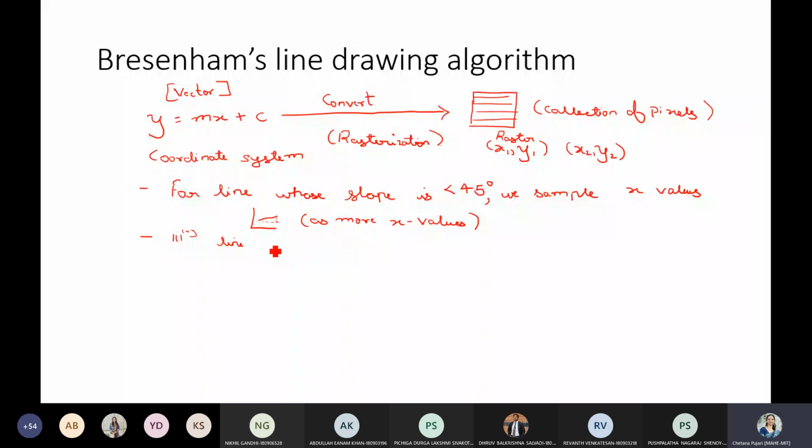When it is greater than 45 degrees, it will look something like this, right? In this case, this is your delta x and this is your delta y. Obviously your delta x is less than your delta y. Hence we are going to sample y in this case, as we have more values of y.